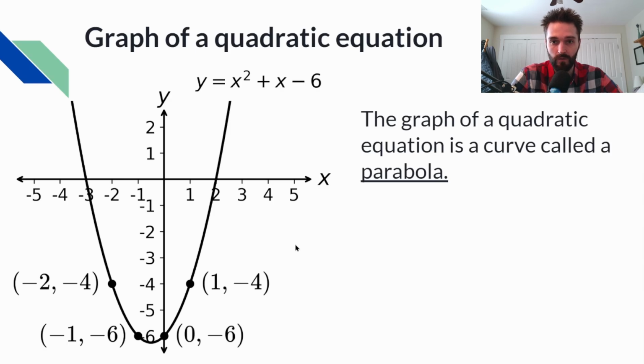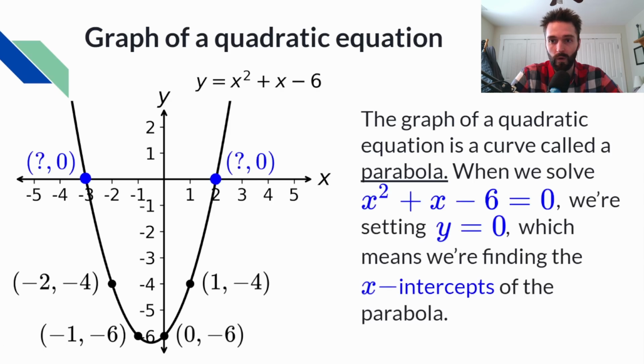And check this out. When we solve the equation x squared plus x minus 6 equals 0, we're setting y equal to 0, right? We're taking this equation here and we're setting y equal to 0, which means when we solve this, we're actually finding the x-intercepts of the parabola, right?